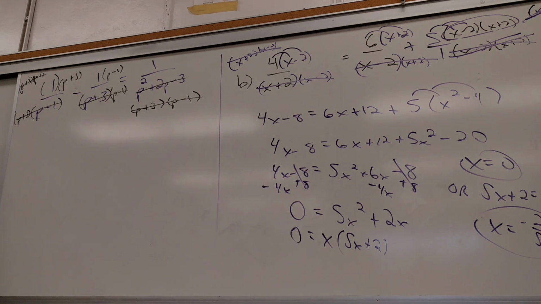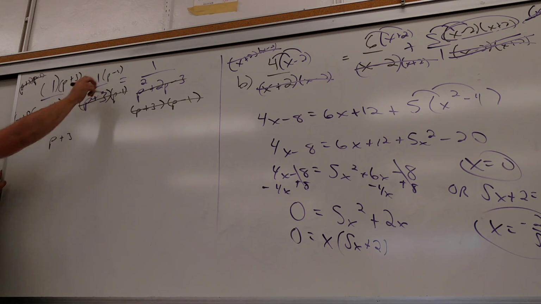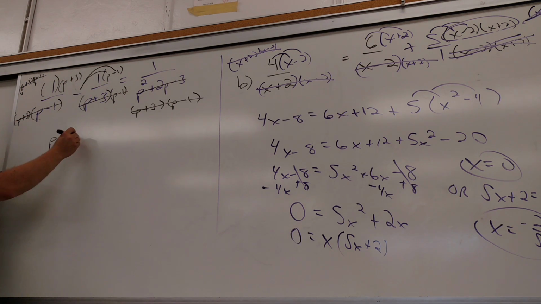Let me stop there for a second. So all the bottoms just went away. So what am I left with? P plus 3, P plus 3 minus P minus 1. Minus P plus 1. That stupid minus, right?